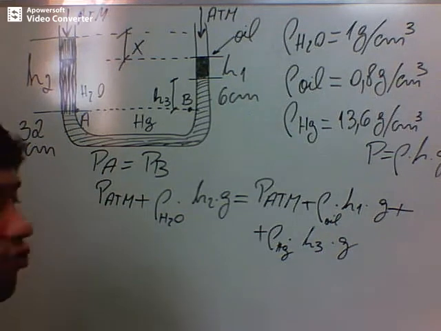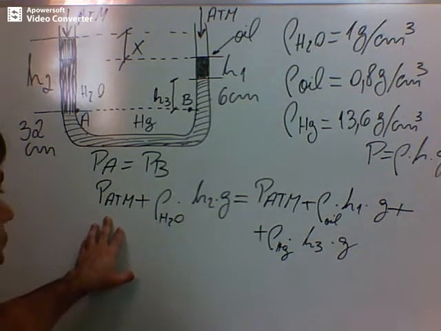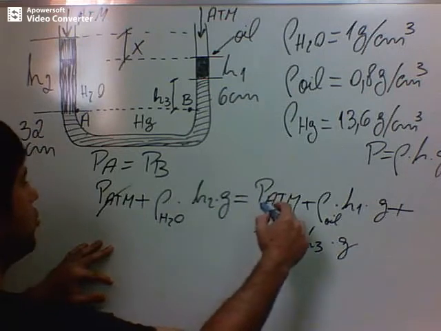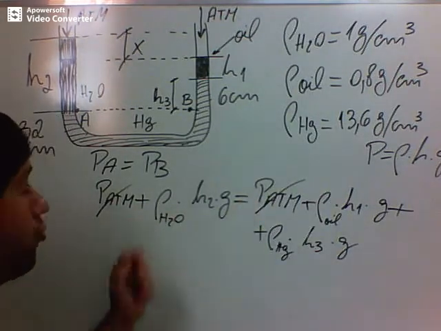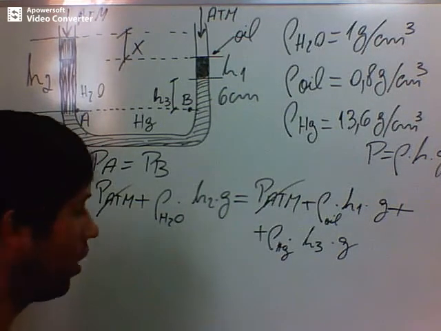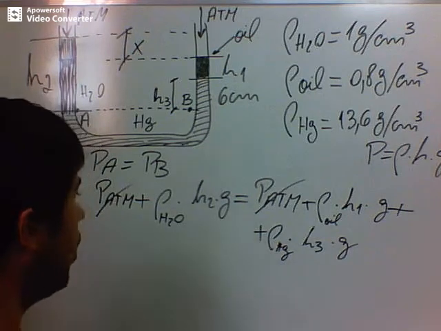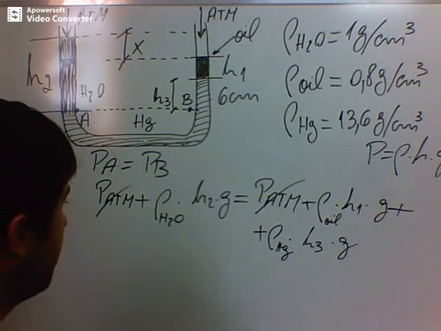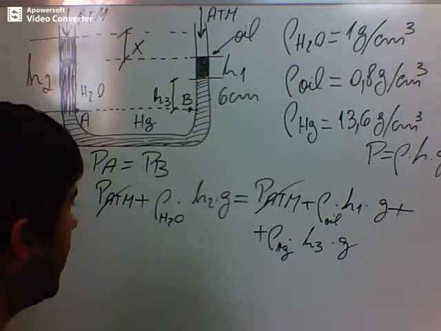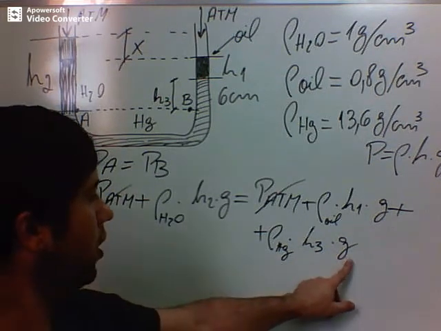Here we can immediately see that we can cancel this with this, because if I pass this to this side, it becomes 1. All right, then what is the next step?